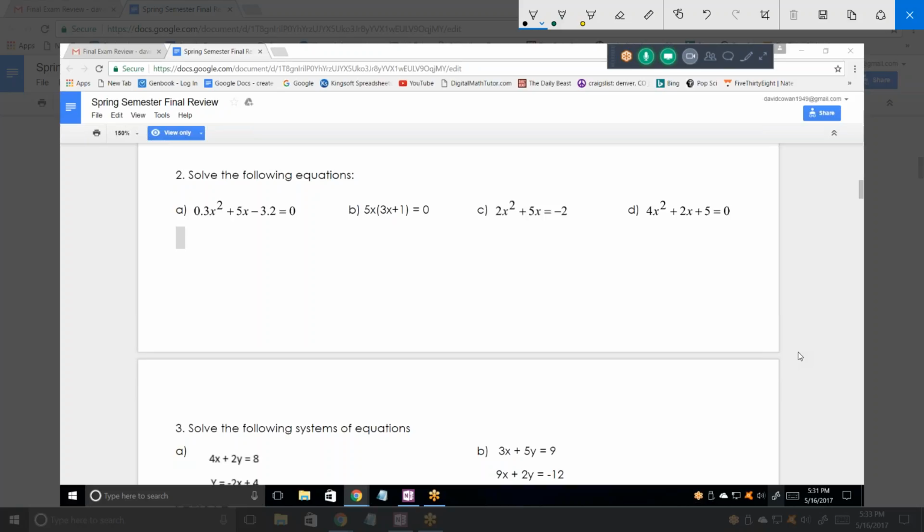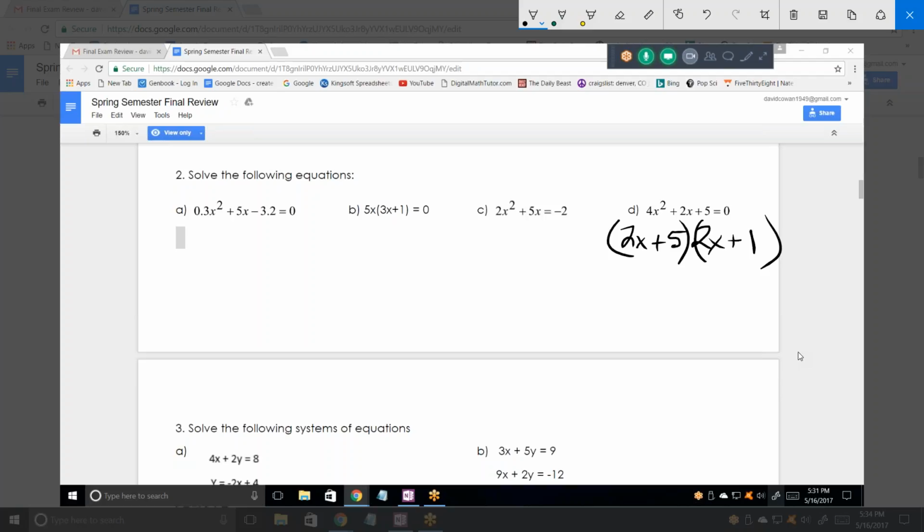How about this one? You think this factors? Probably. If they meant us to use the quadratic formula on this, I don't think they would have given us A. How should we start to try to factor this? 2x and 2x. Now can you see the problem? Plus plus. Only factors of 5 are 5 and 1.